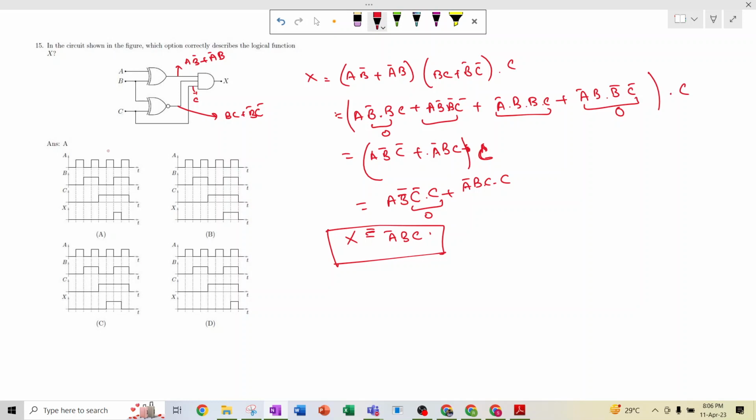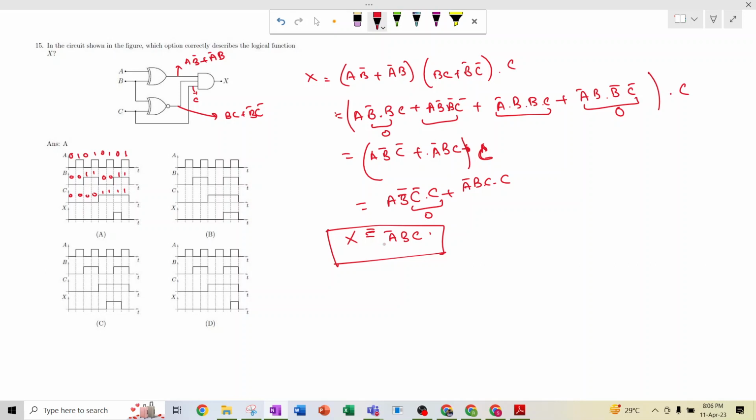So now what will be the output? Here if we consider the inputs, A is 0 1 0 1 0 1 0 1, B is 0 0 1 1 0 0 1 1, and C is 0 0 0 0 1 1 1 1.